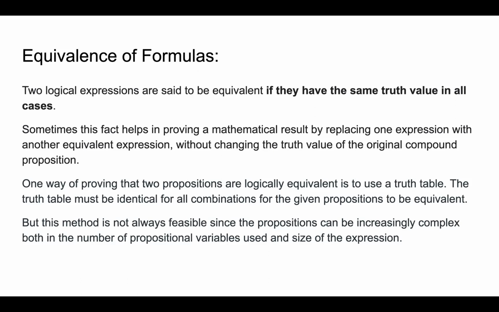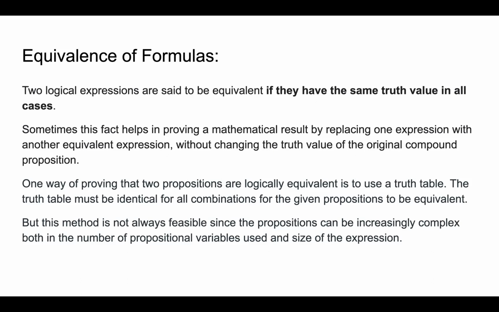One method is that we are proving with the help of truth table. But this method is not always feasible, since the propositions can be increasingly complex, both in the number of propositional variables used and size of the expressions.